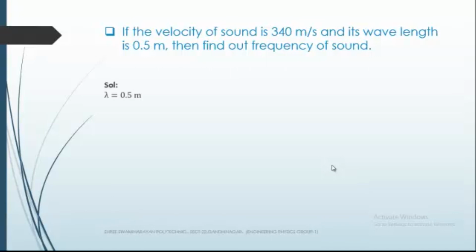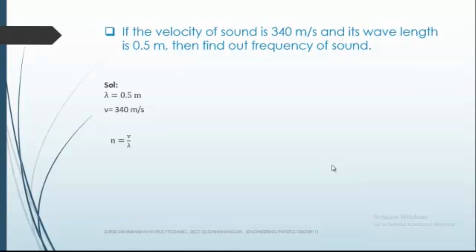Solution: first, lambda is equal to 0.5 meter. Velocity V is equal to 340 meter per second. Put the equation. Now what is the equation of n? n is equal to V by lambda.